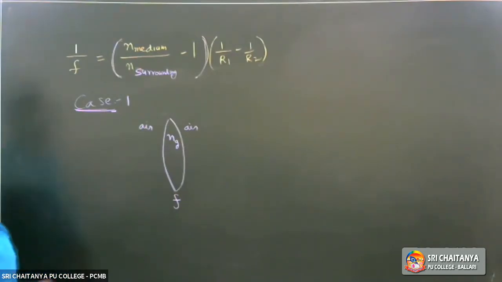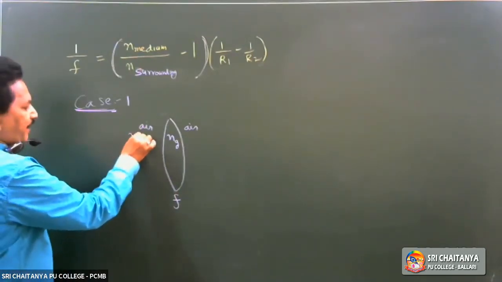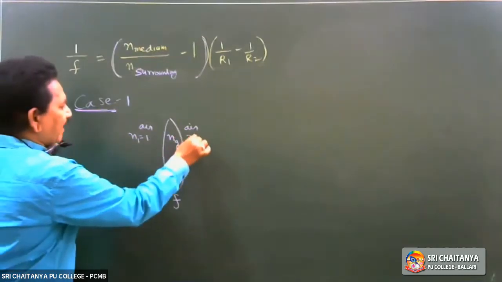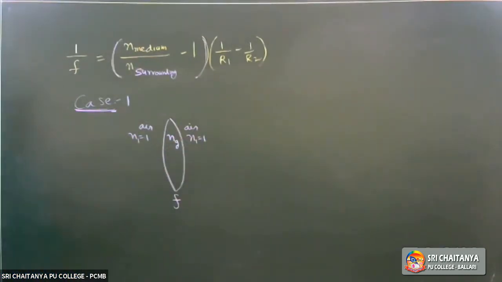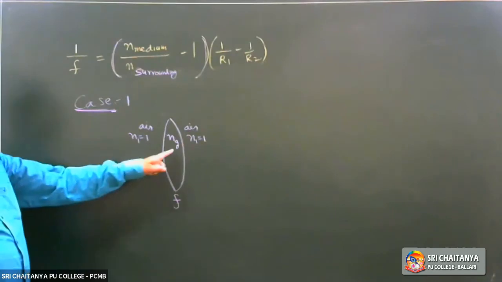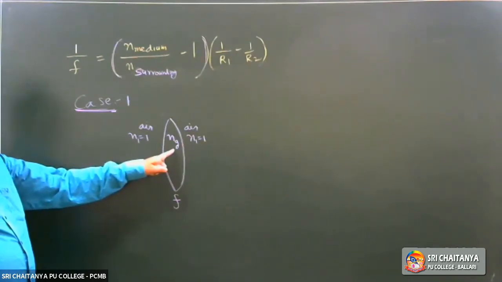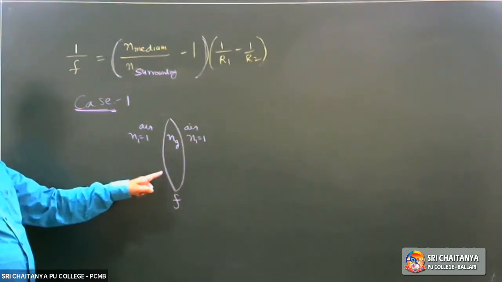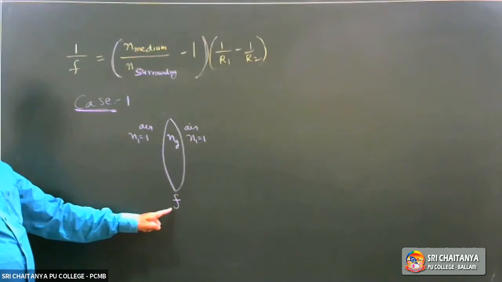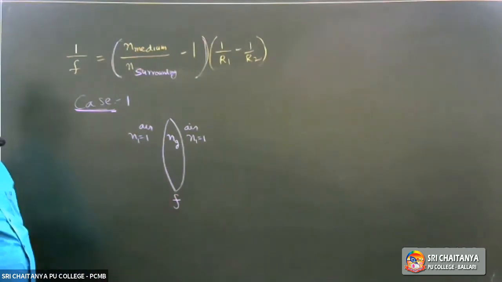For air medium, the refractive index is 1. When the lens made of glass is immersed in air, its focal length is F.